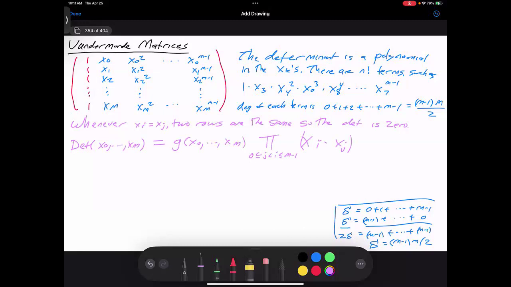Are we comfortable with that? That we know if ever an xi equals an xj, the determinant is 0. So when I take this polynomial, it has to be a multiple of xi minus xj.